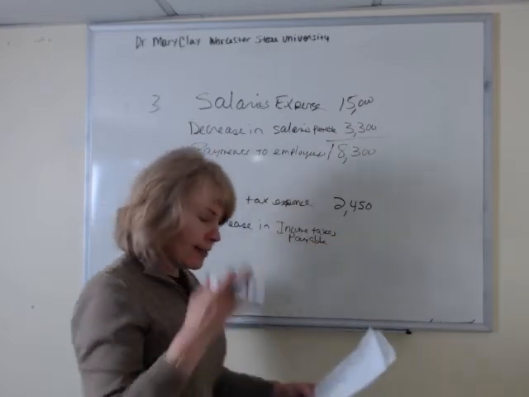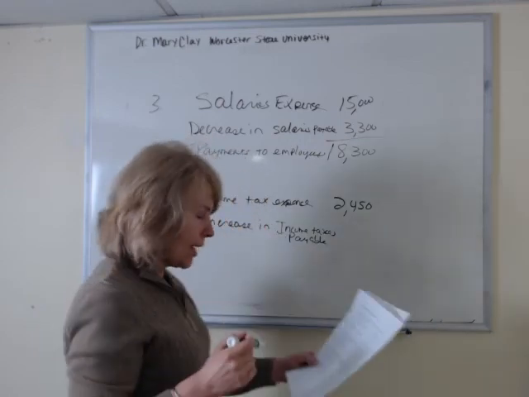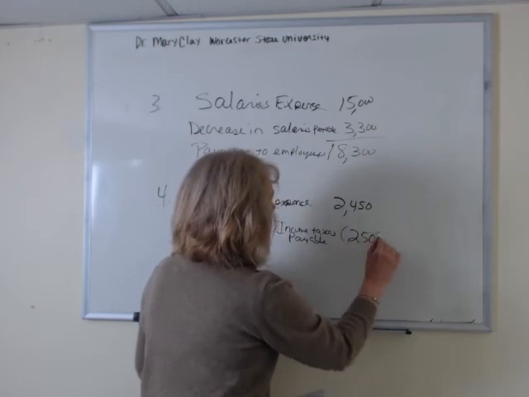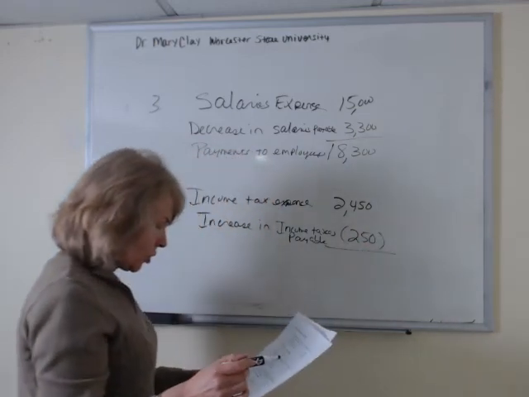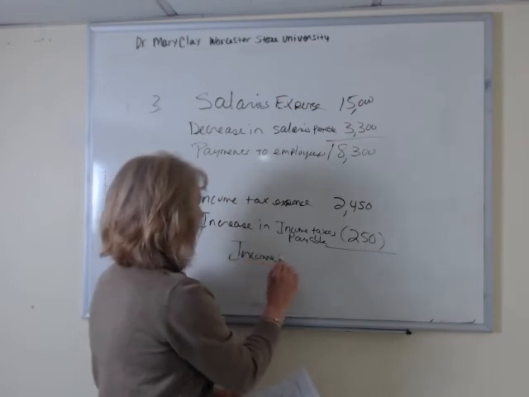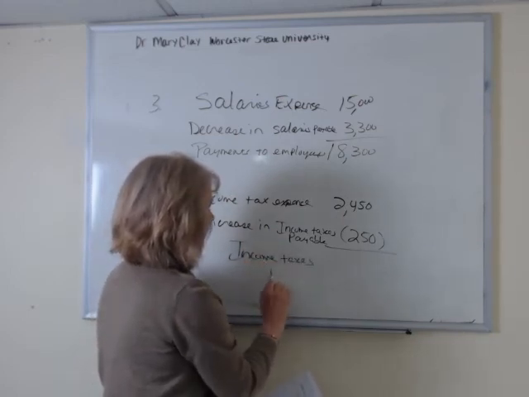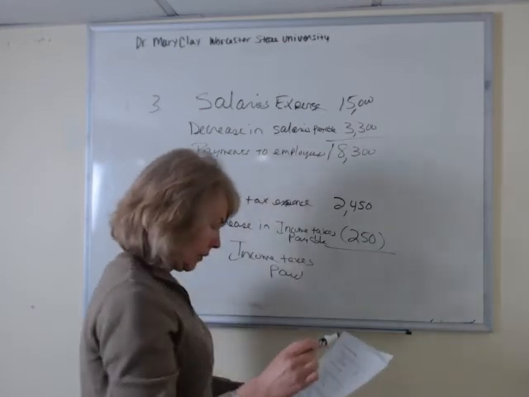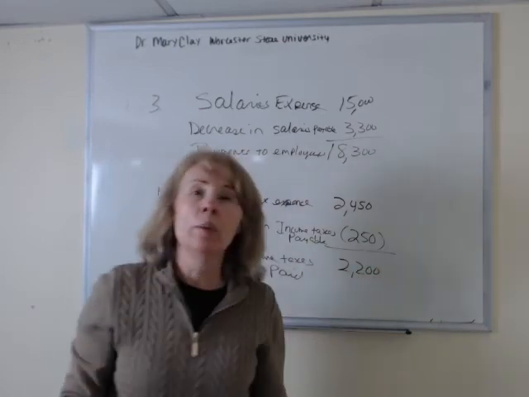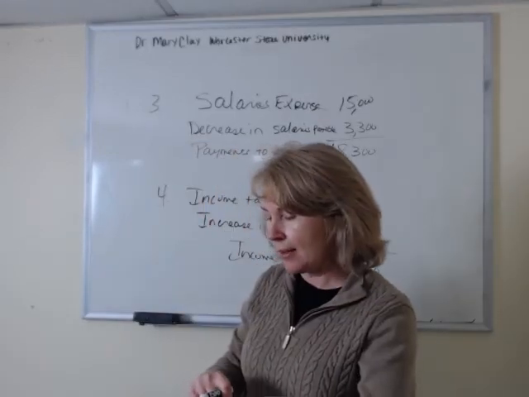This is a liability increase in income taxes payable. It will not make sense, so I'm going to show it the opposite. So here's my answer to income taxes paid: $2,200. Now remember, we were doing the direct cash flow method.